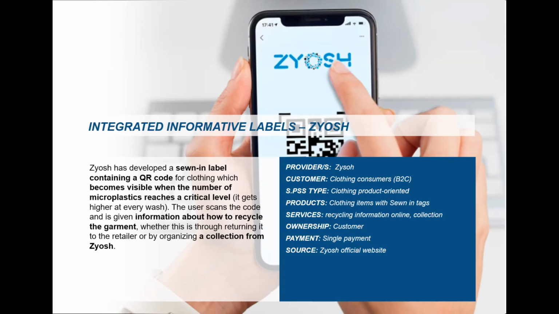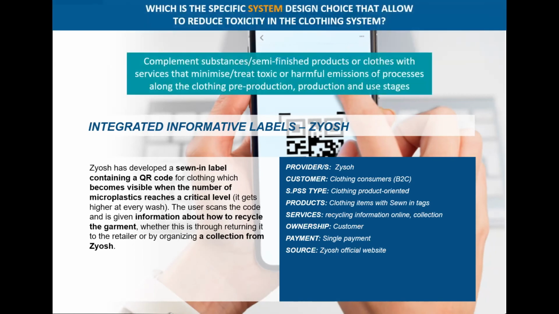So it could be toxic for the ecosystem, but also for ourselves. Studies are going on, but that's a thing. So basically they are taking care of that, making this notice to the customer in order to recycle before the damage is done. So what is applied here is complementing the products or the clothes with services to minimize or treat toxic or harmful emissions. And that's it.